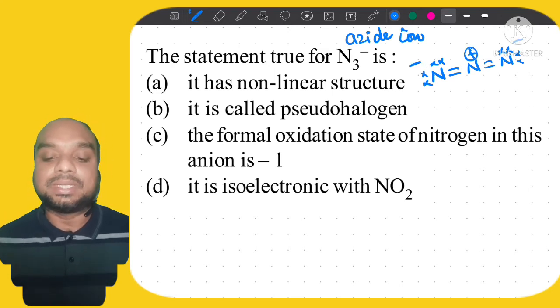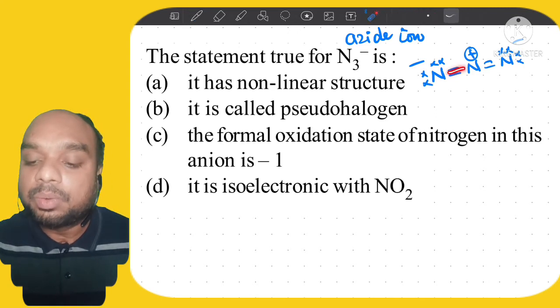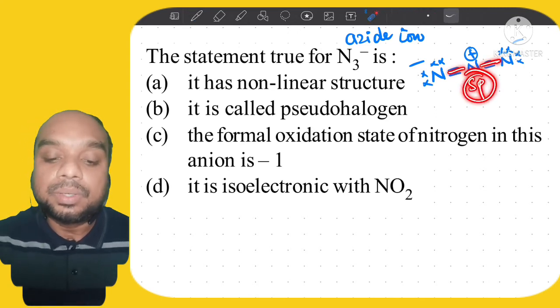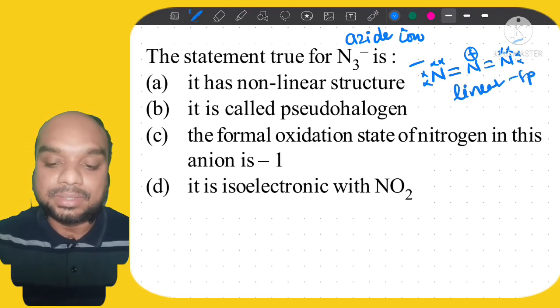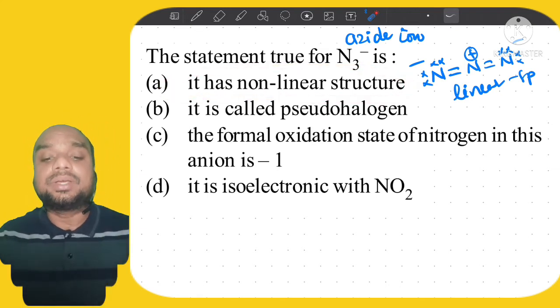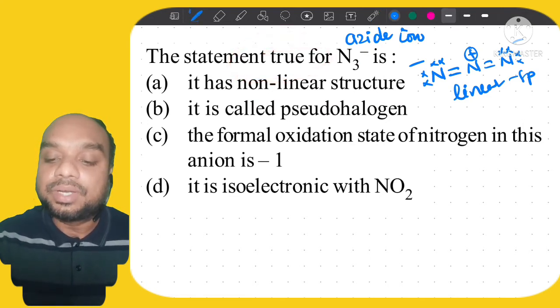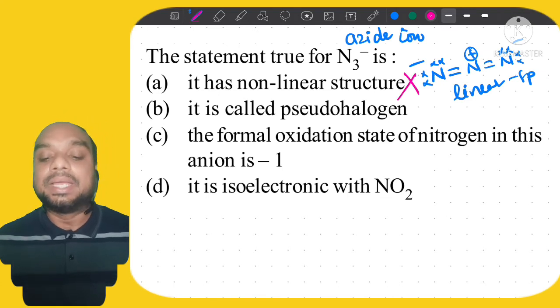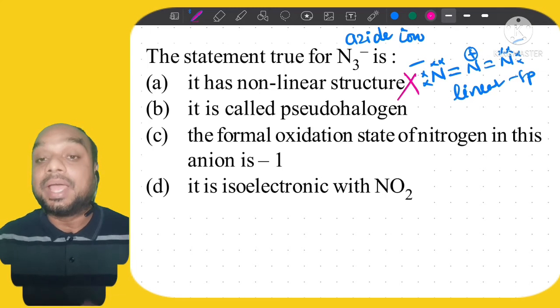In the azide ion the middle nitrogen forms two sigma bonds with sp hybridization, so it has a linear structure. The first option says non-linear, so the first one is wrong. Next, it is called a pseudo halogen. Yes, right answer, because azide ions, cyanide ions and isocyanide ions show similarity with the halogens.